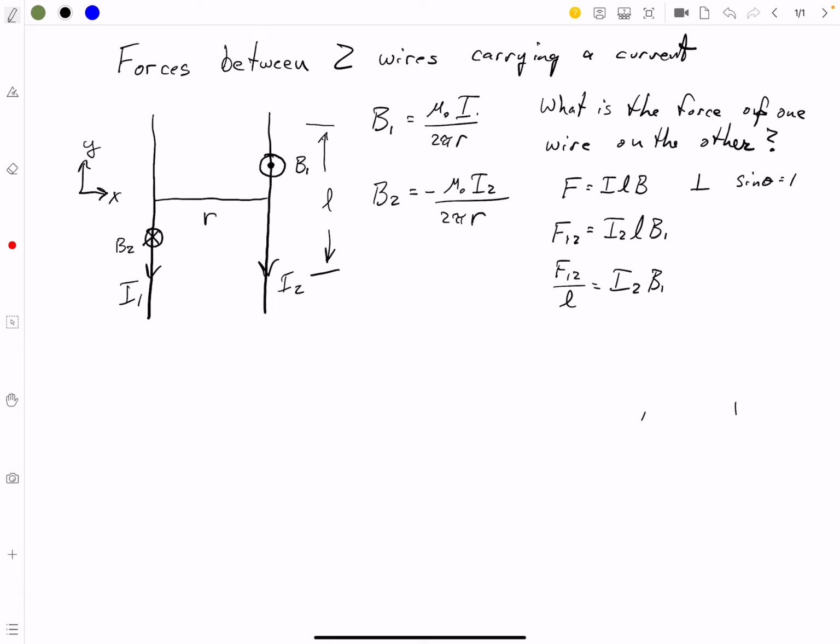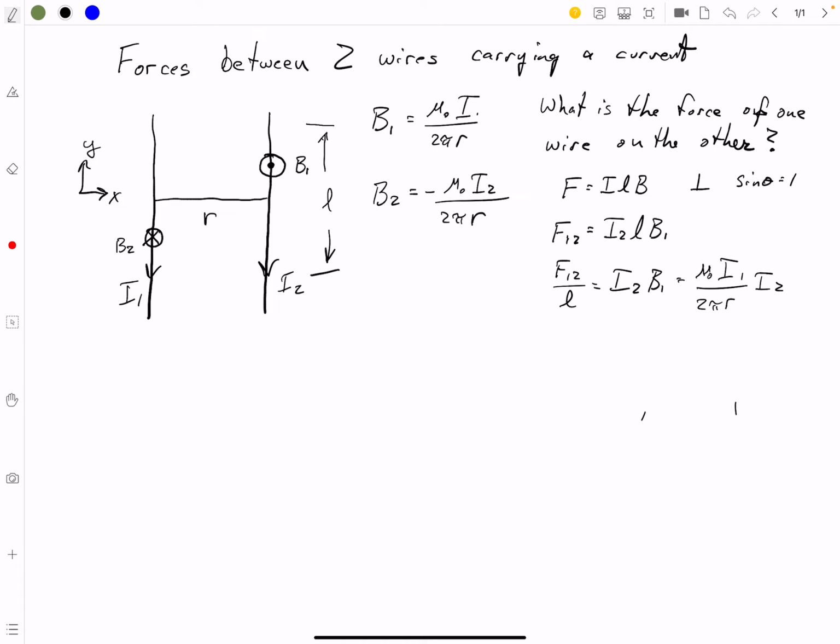Well, let's figure it out. We've got mu naught I1 over 2 pi r times I2. Pretty good.